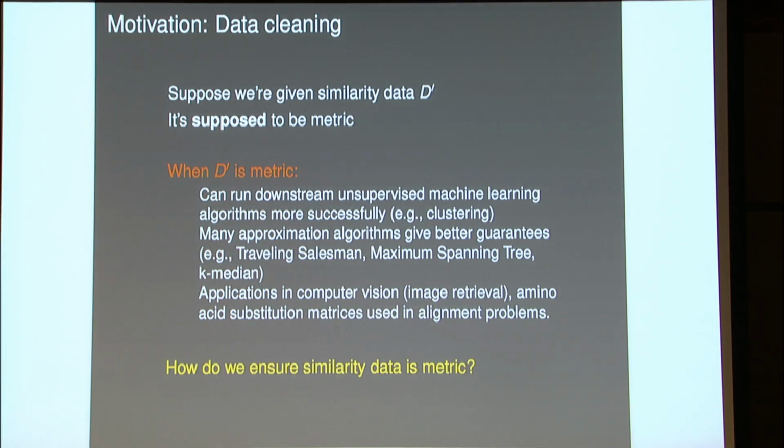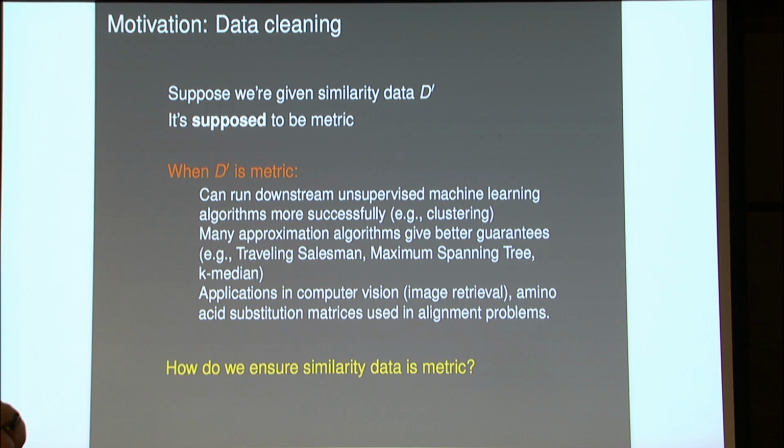In lots of machine learning algorithms, and in fact even in more theoretical graph algorithms, these algorithms can be run more successfully, or I should say there are guarantees, when your distances satisfy a metric.